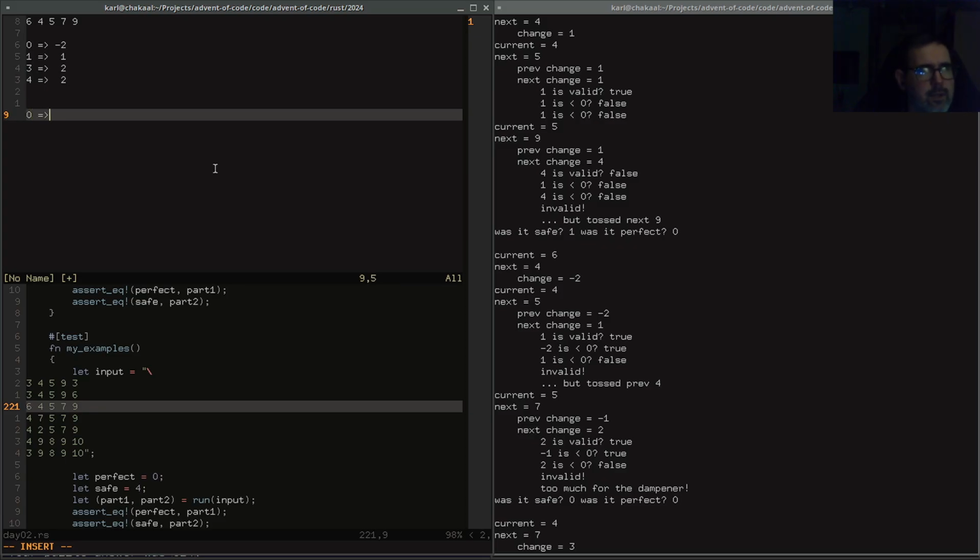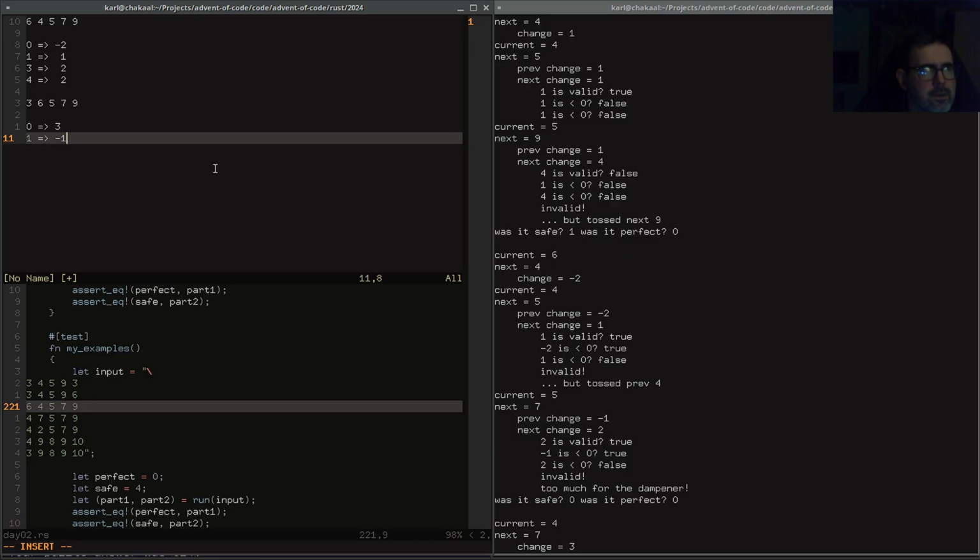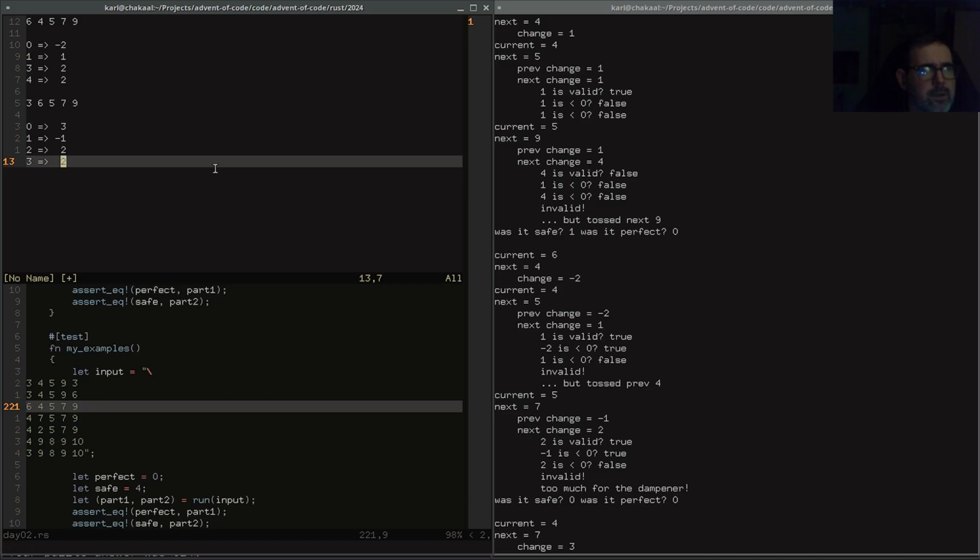So what was another case we had? We had one where we want to toss the 4, right? So even if we did, so that transition is 3. That's -1. 2, and 2.